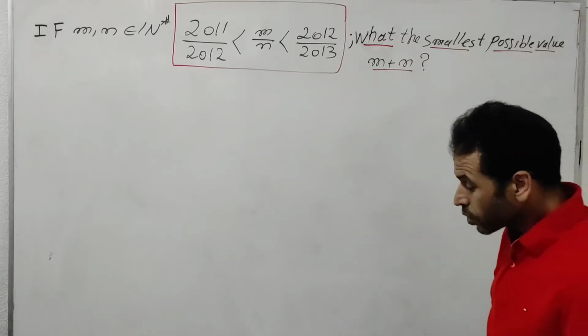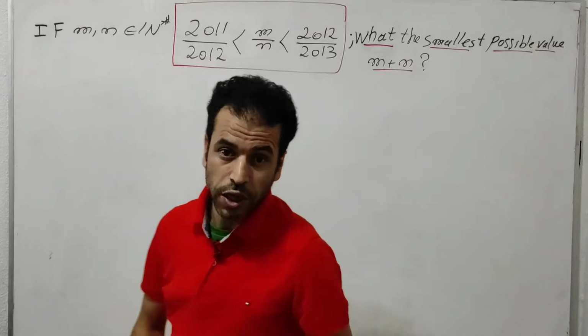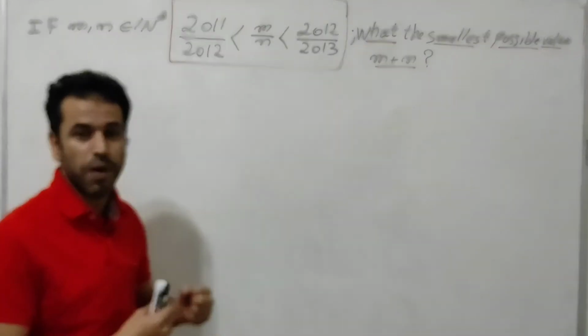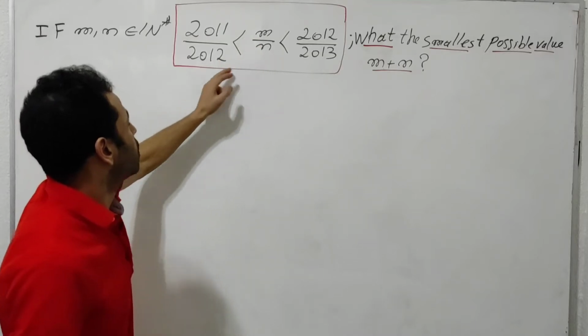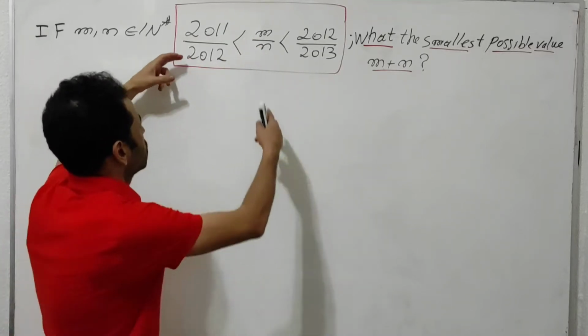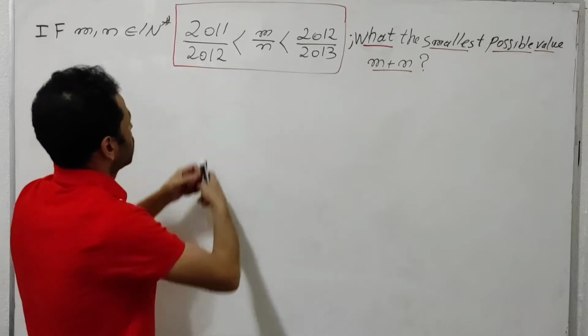Okay, this is a very straightforward problem. It is a kind of comparison, where you compare the numbers m and n, and the fraction is very squeezed between these two numbers.